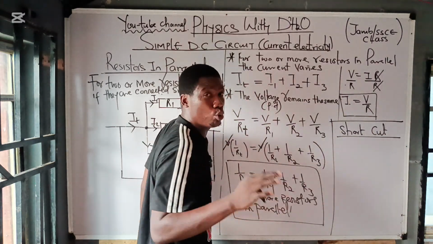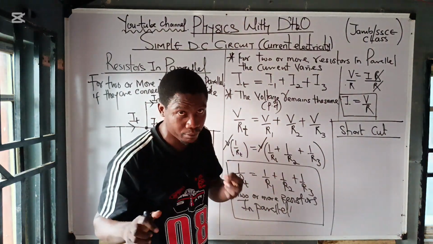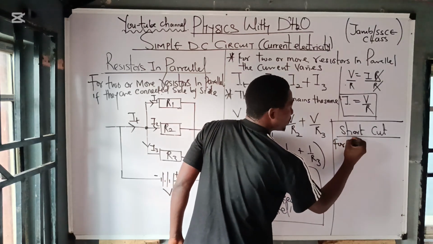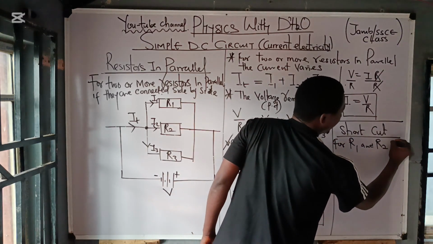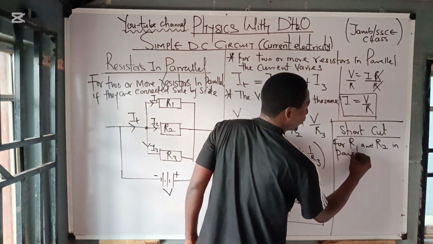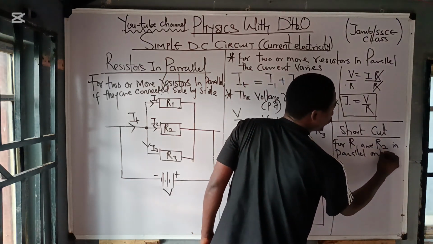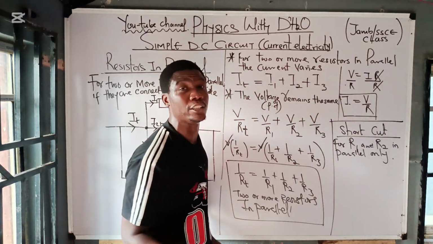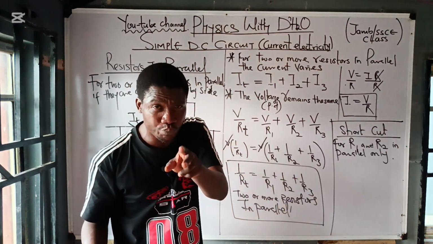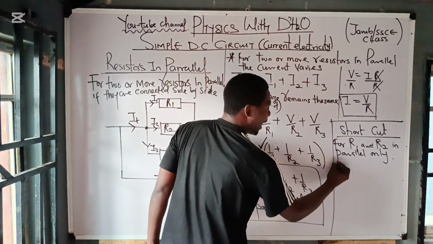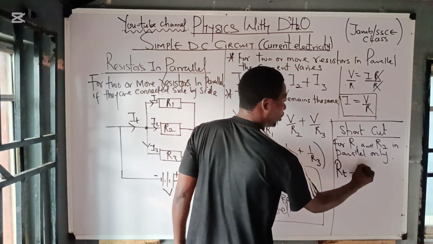Listen, if you have 2 resistors in parallel only, for R1 and R2 in parallel only, you don't have to stress yourself using this formula. All you have to do is simply do this. R total is known as what?